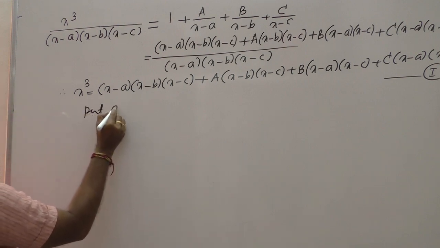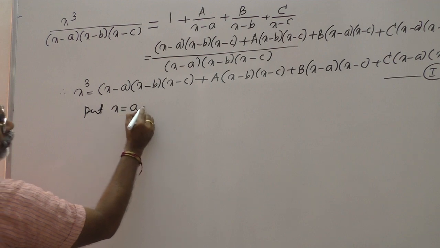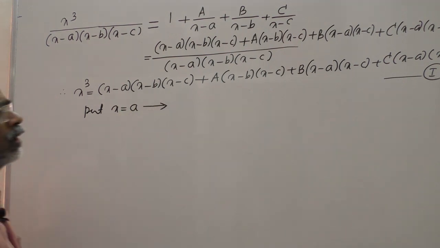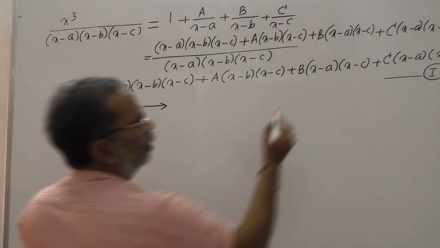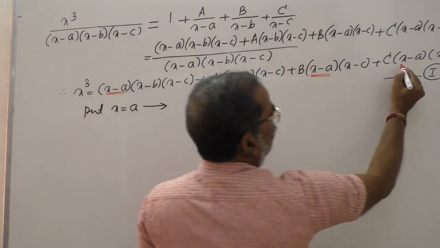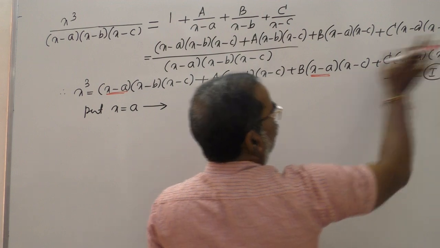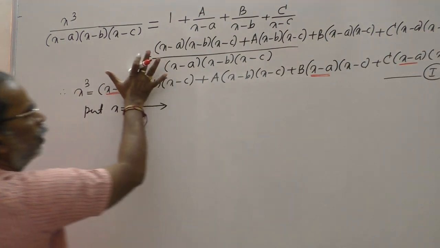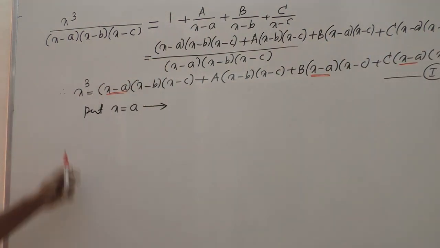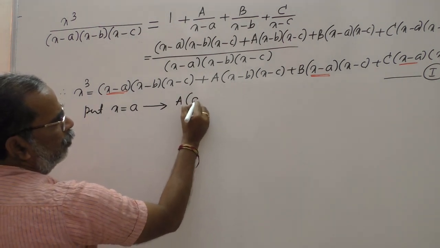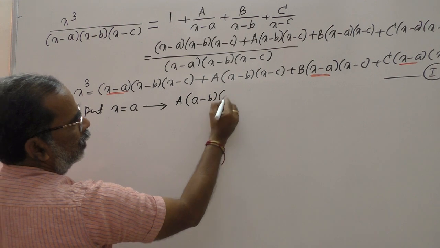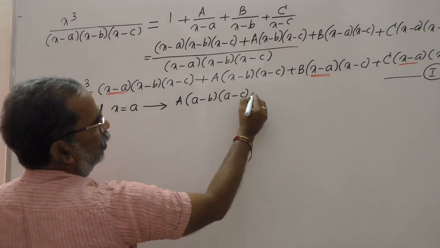I will put x equal to a. If I put x equal to a, a minus a becomes 0. This becomes 0. This is also 0. 0 into something is 0, 0 into something is 0, 0 into something is 0. Then I will be having a into (a minus b)(a minus c).